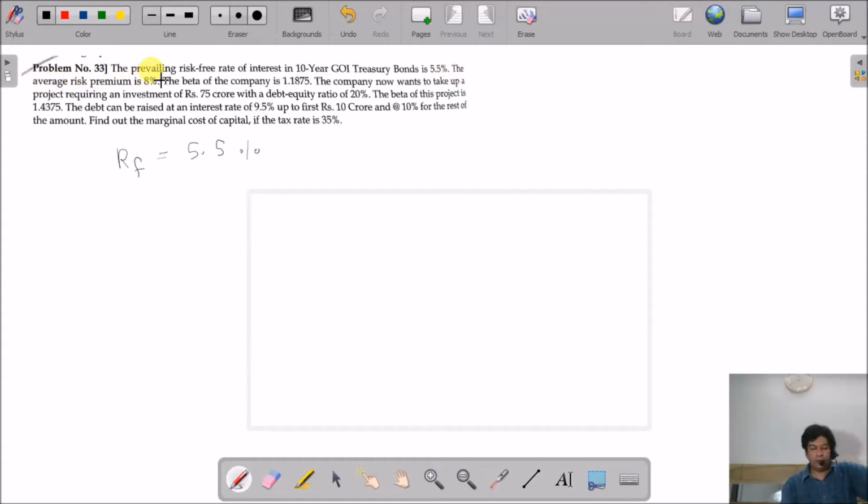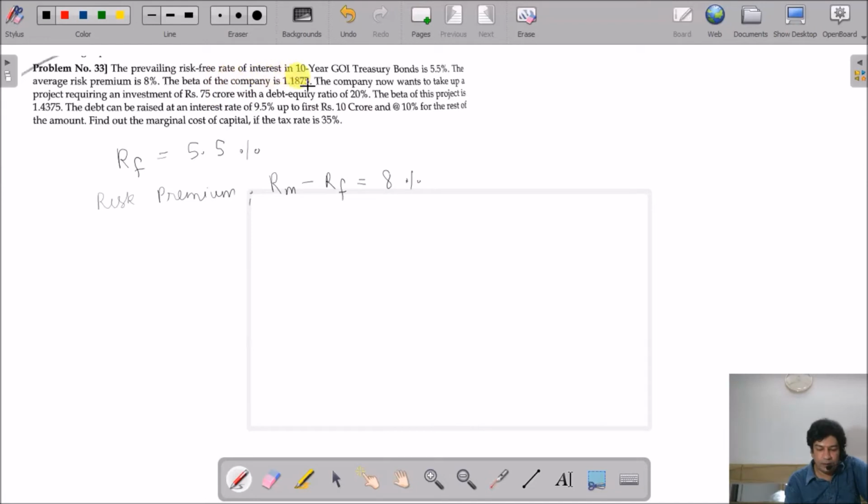I've already told you all what risk premium is. Risk premium is nothing but the difference between the return of market and the risk-free rate. So return of market minus the risk-free rate, this difference is called your risk premium, which is 8%.